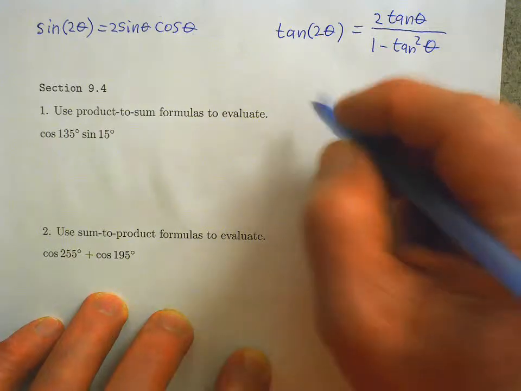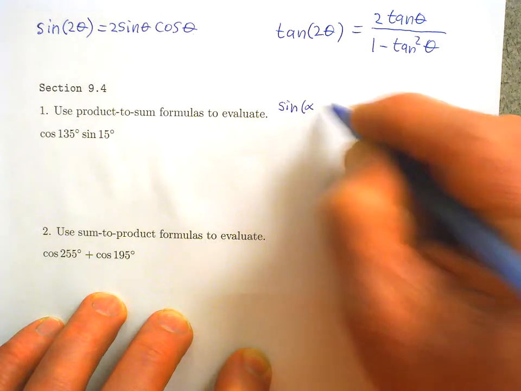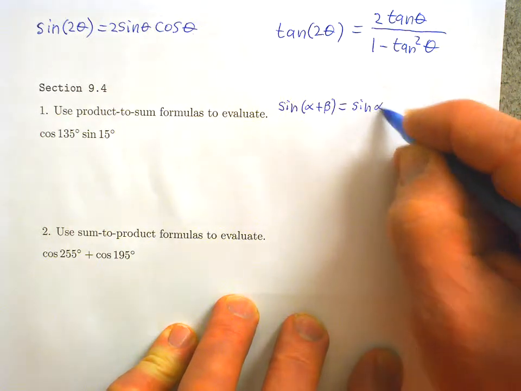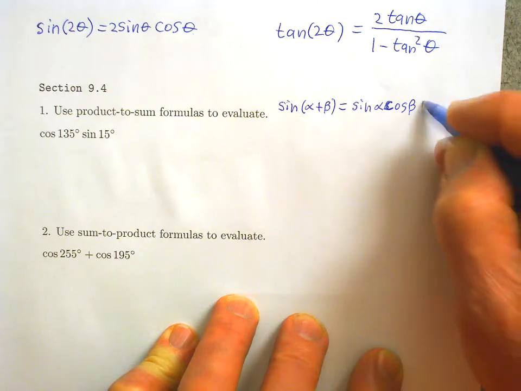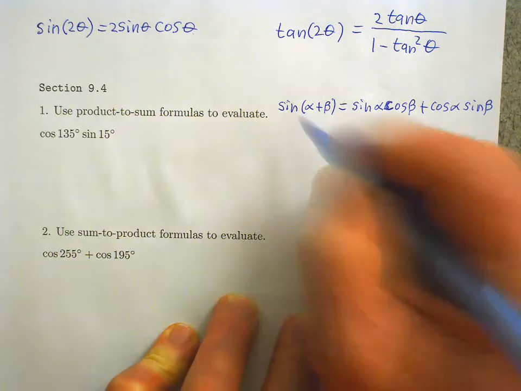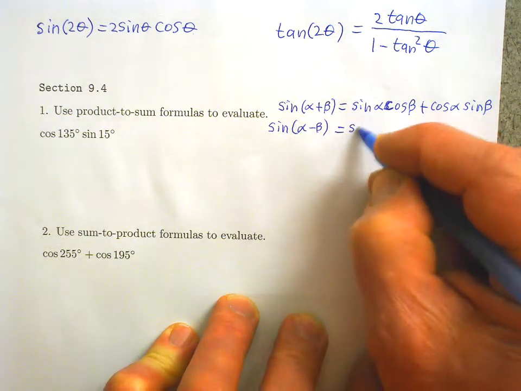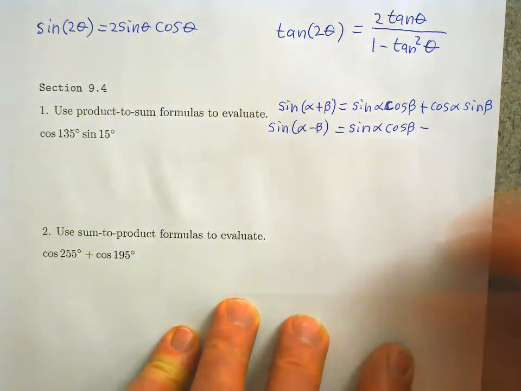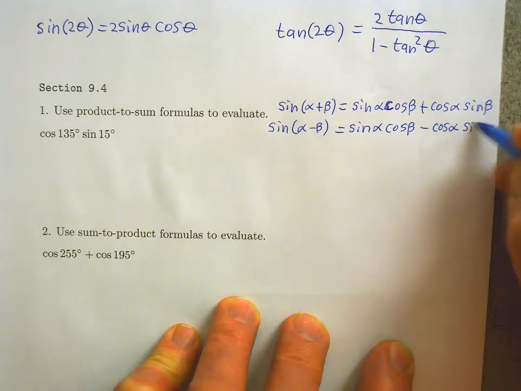This involves sine of alpha plus beta, which is sine of alpha times cosine of beta plus cosine of alpha times sine of beta, and then sine of alpha minus beta is sine of alpha times cosine of beta minus cosine of alpha times sine of beta.